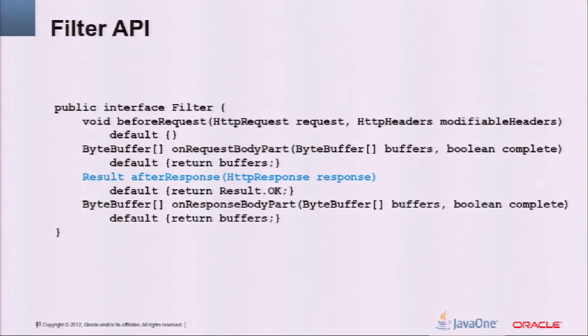Or it also has the possibility to cause a new request to be issued and sent out, completely transparent to the application again, and in such a way that the response to the second request would be the one that the application eventually receives. We have an example of that later on. And then finally, the onResponseBodyPart method is the exact equivalent to the onRequestBodyPart method. It works in exactly the same way.